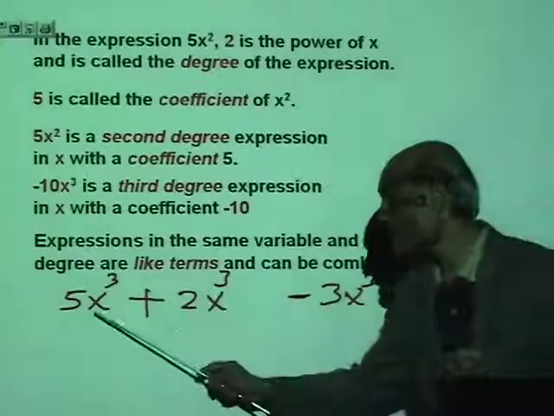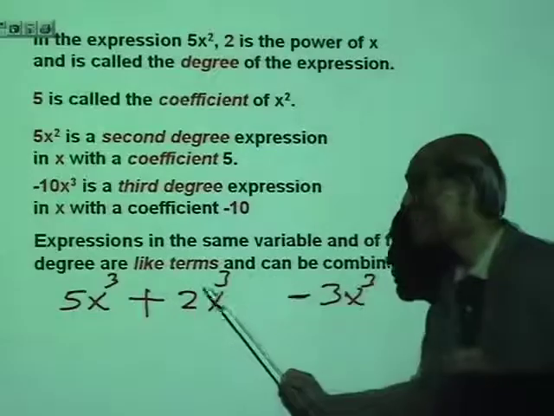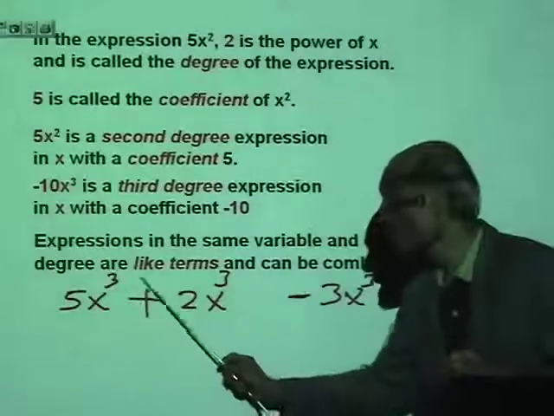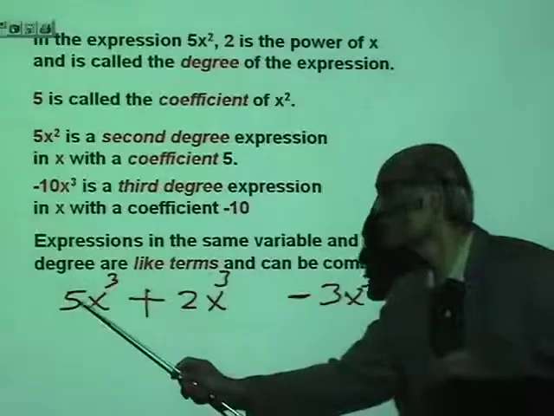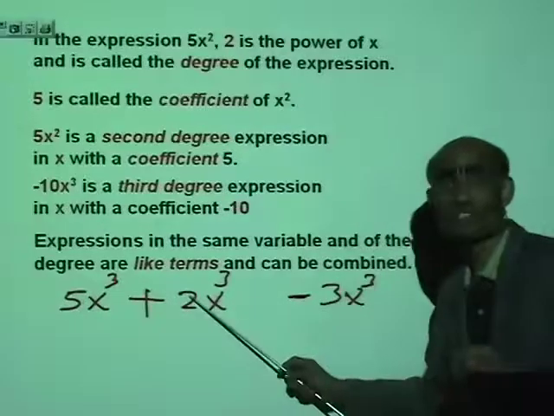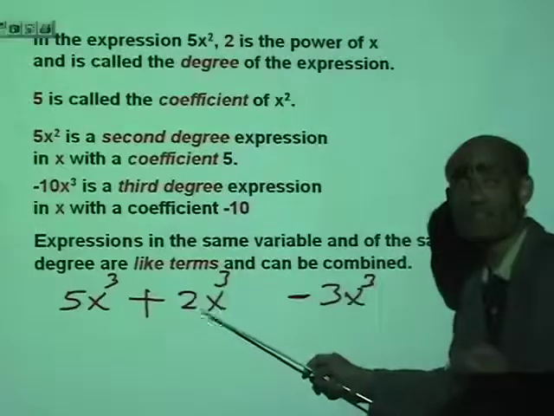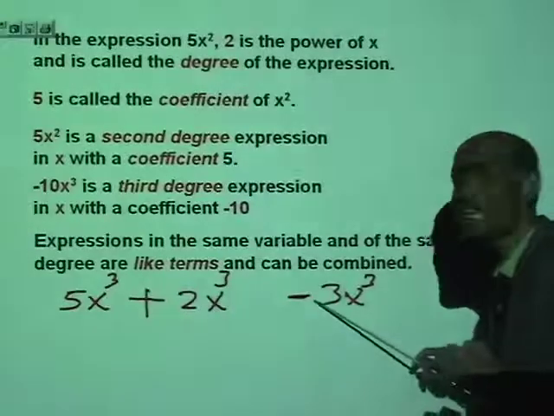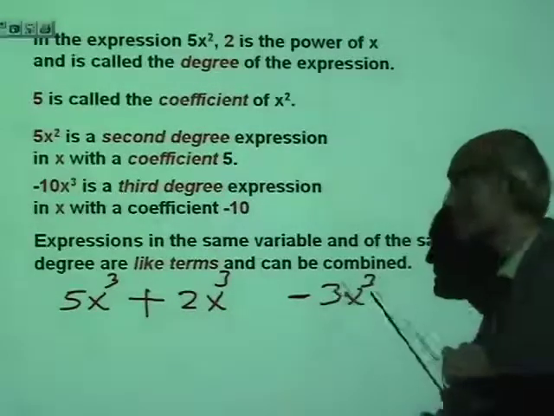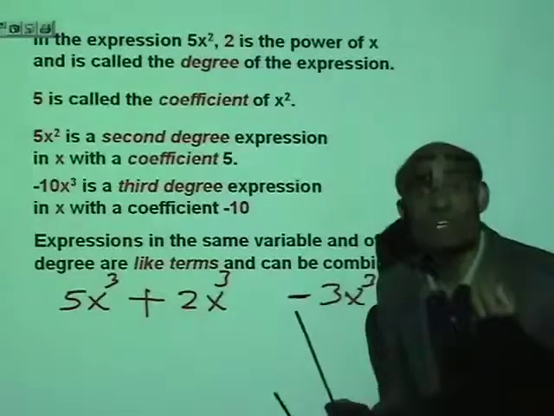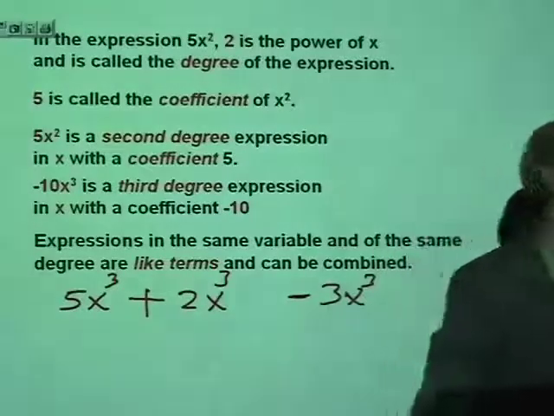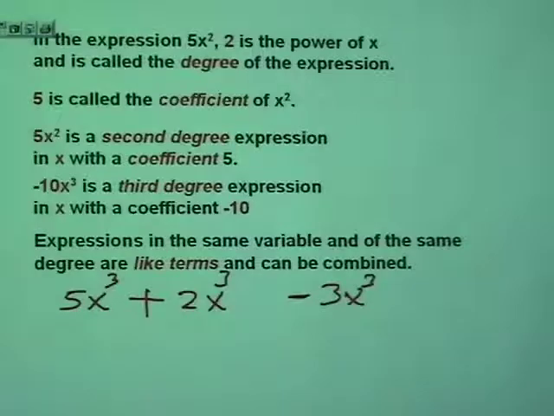So to add expressions like this, because they are like terms, simply add their coefficients. Look at that. 5 plus 2 is 7. 7 minus 3 is 4. So the result is 4x cubed. Okay, let's leave it there and come back to it again later.